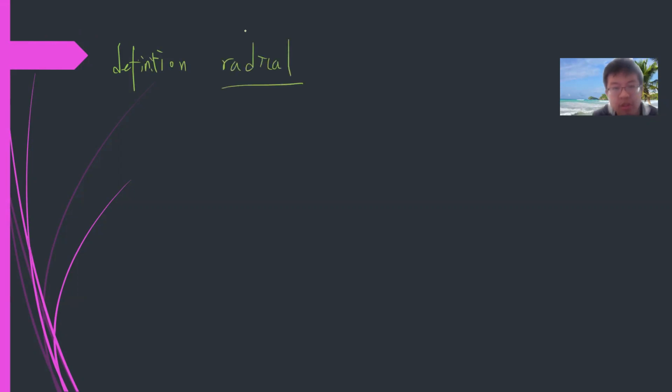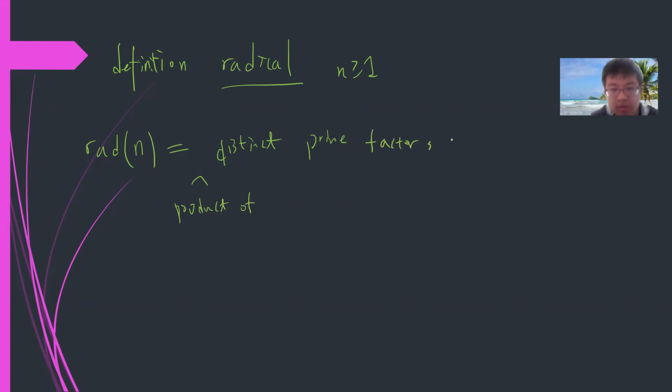Let me first give the definition. One important definition in abstract algebra is called the radical. The radical of any integer n, let's say n is greater than 1, is defined to be the product of the distinct prime factors of n.